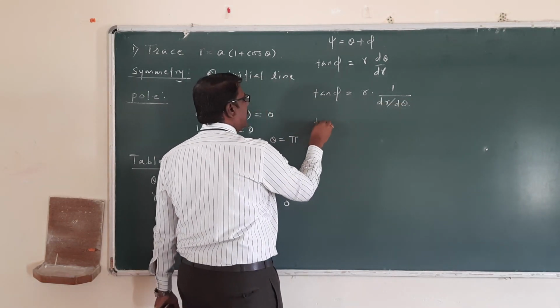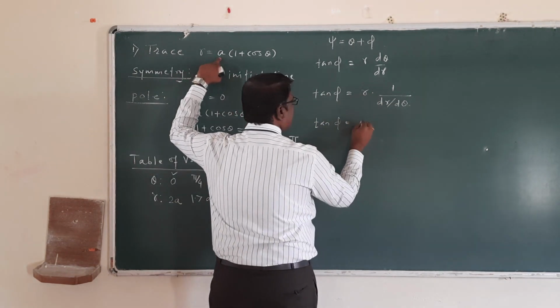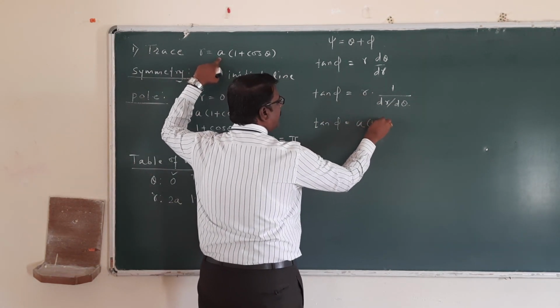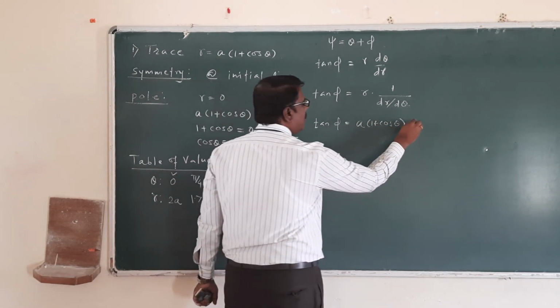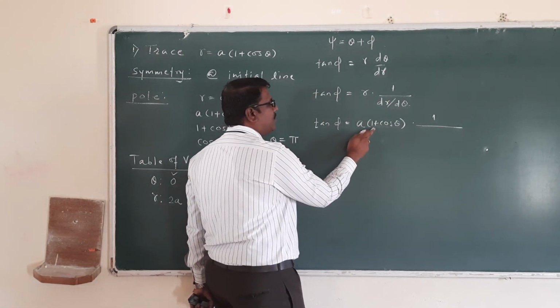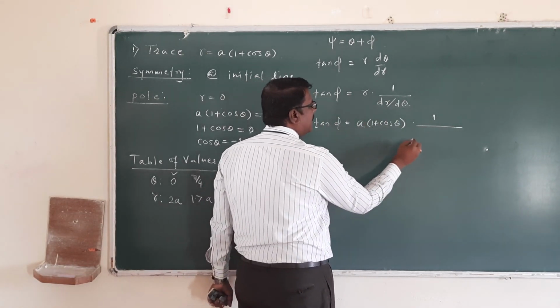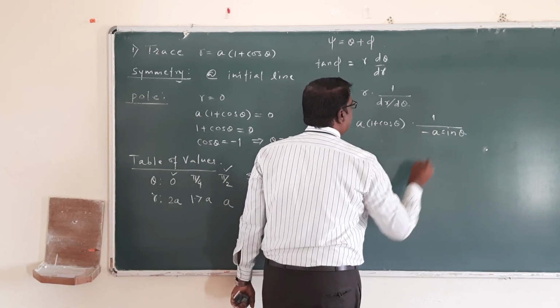So tan φ equals, what is the value of r? It is a(1 + cos θ). This is the value of r, times 1 upon dr/dθ. The derivative of this r with respect to θ is −a sin θ.